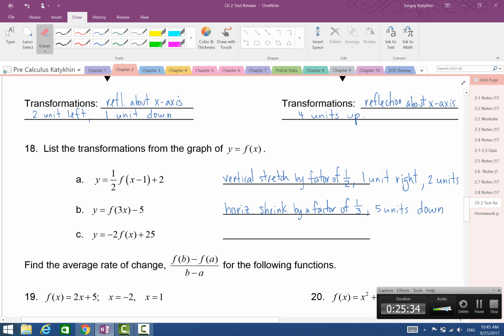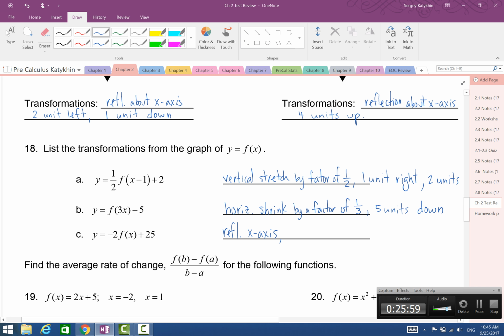And last but not least, for this type of problem, again, the negative and the 2 are going to have an effect. The negative is going to be a reflection about the x-axis.